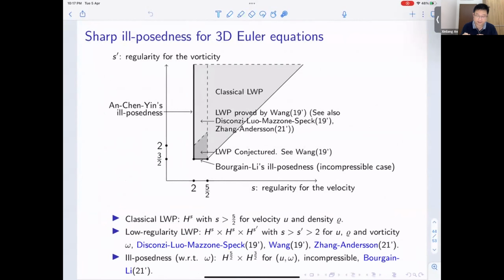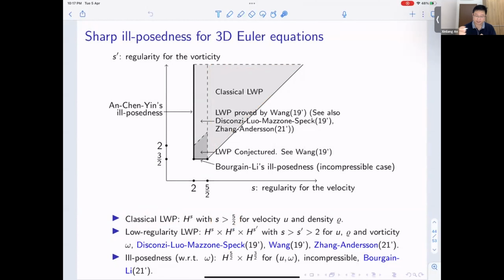If we look at this picture, for the 3D Euler equations we have two physical quantities: one is the velocity, one is the vorticity. This is the Hs corresponding to the regularity of the velocity, and this will be the Hs prime corresponding to the regularity of the vorticity. If we consider the classic local well-posedness for 3D Euler equations, we know that in this triangle region we have local existence, with s larger than 5/2.